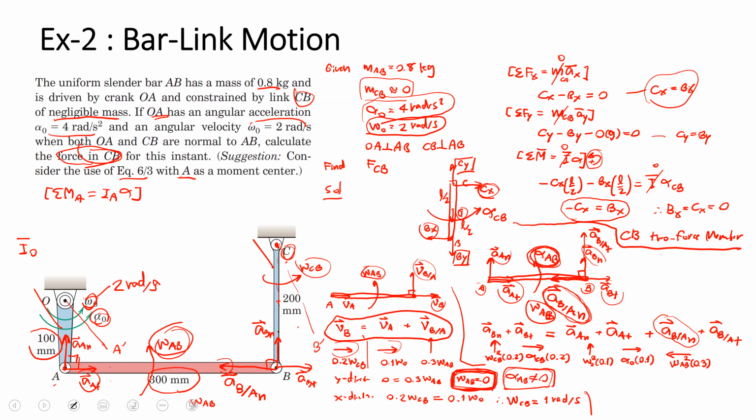The tangential one, B with respect to A in the tangential direction, points upward with the magnitude of alpha multiplied by the radius, where alpha is the alpha of link AB. Alpha is still unknown. Magnitude alpha AB in the upward direction multiplied by the radius 0.3.